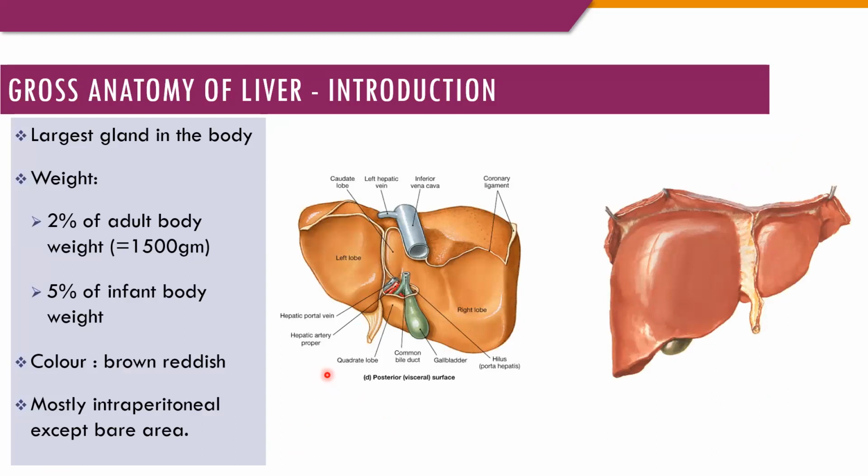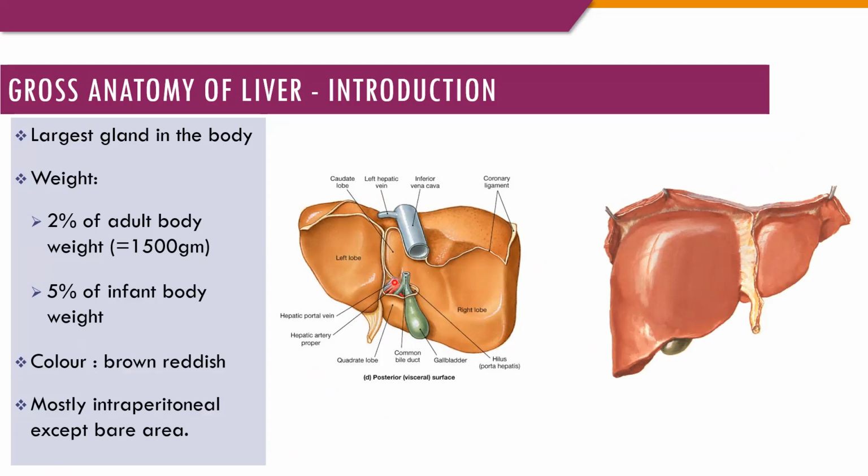Okay, liver. This is the liver. Hepa in medical terms means liver, as in hepatobiliary. Hepatocyte means cells of the liver. The liver is the largest gland in the body.